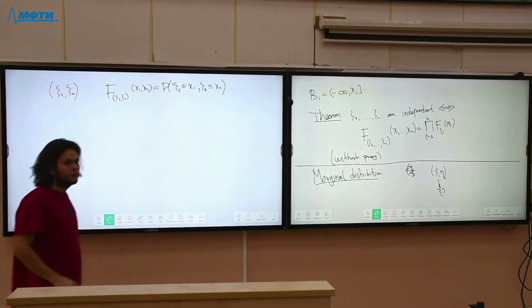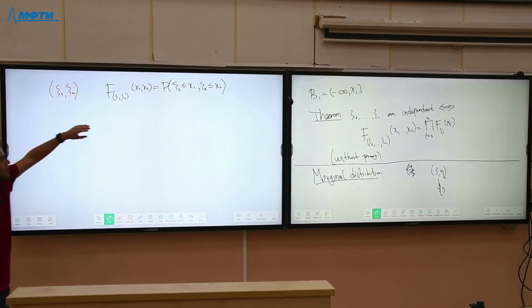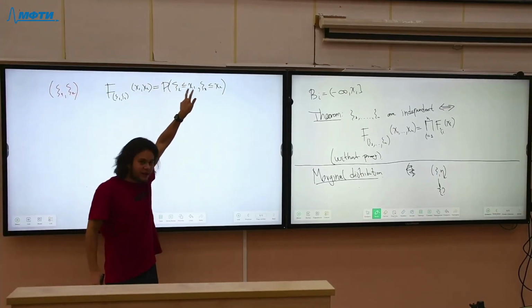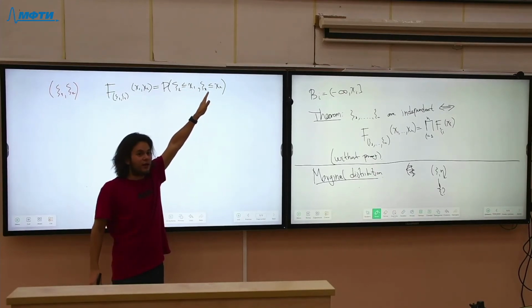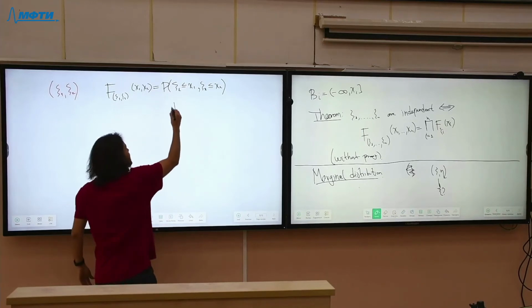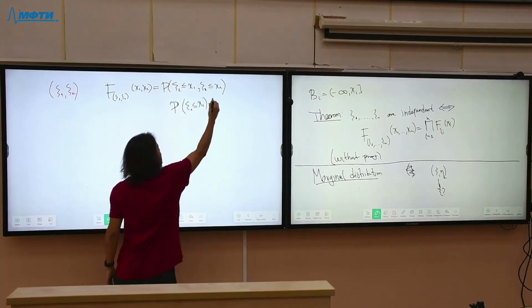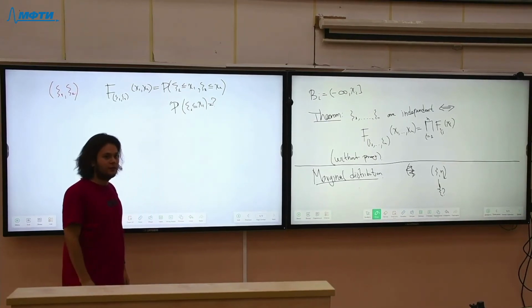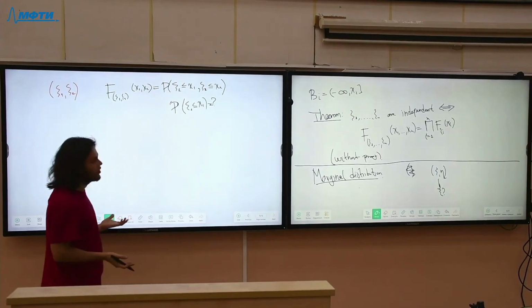How do we find the probability that psi1 is less or equal than x1? That's not given here.